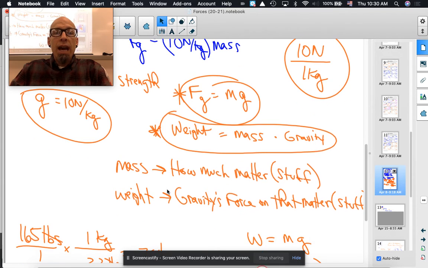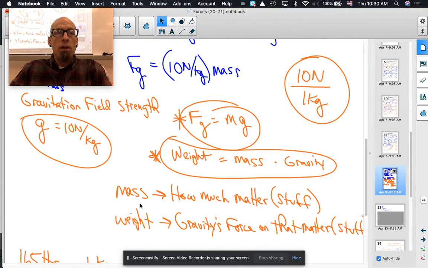Now, we have to differentiate here, people. Mass is how much matter or how much stuff. Remember, we said that mass was the measure of how many particles something's made up of. So, how much stuff an object is made of is mass. That is not the same thing as weight. Most people use them as synonymous.